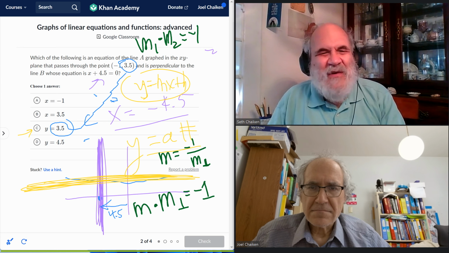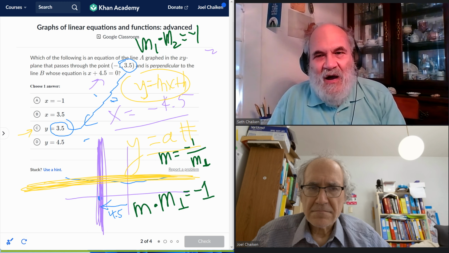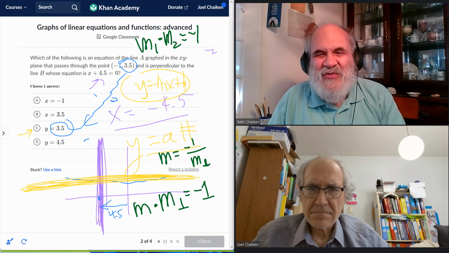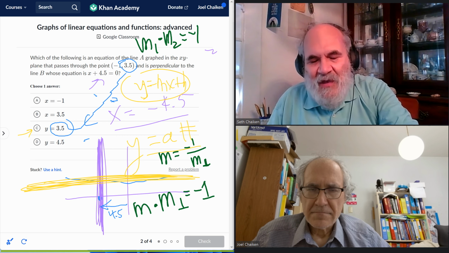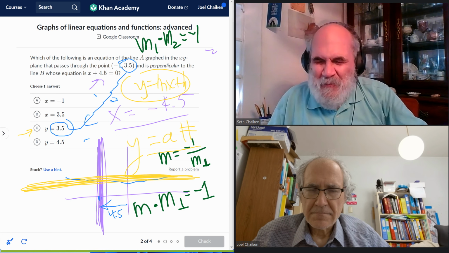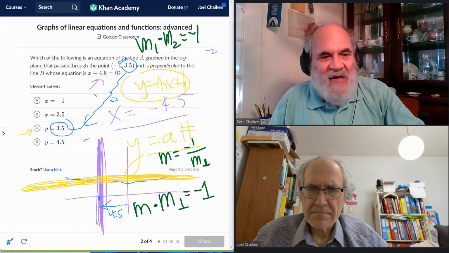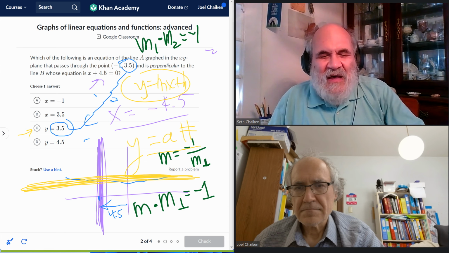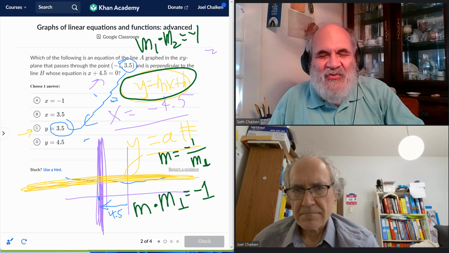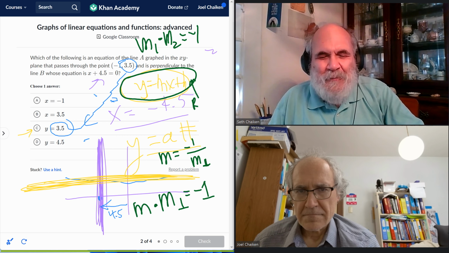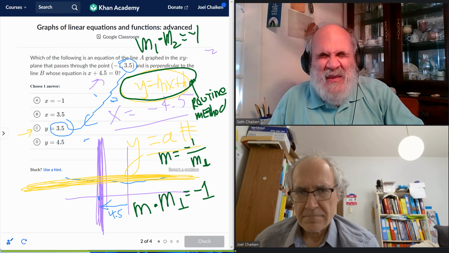So the pitfall is to recognize that this problem should be solved directly rather than by a routine method that's used to solve problems where the slope is oblique.